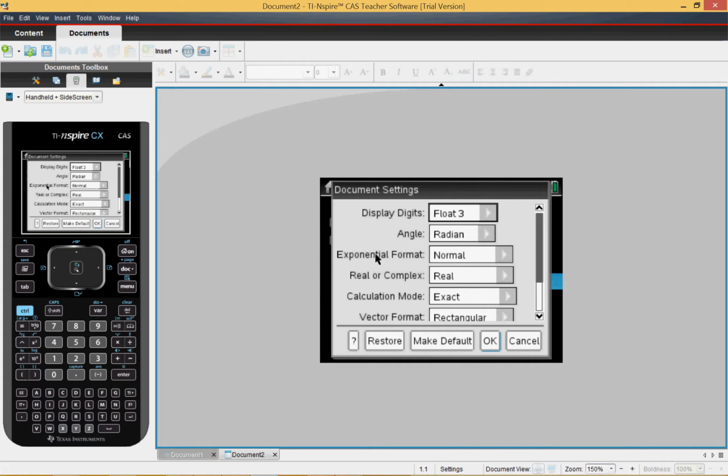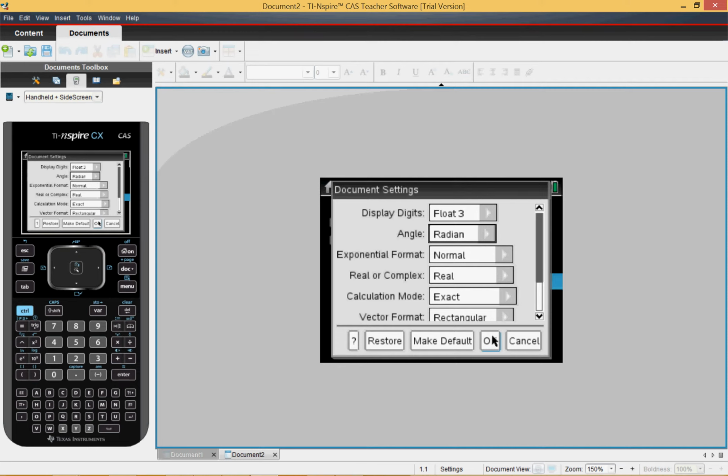Now, if I go to the CAS calculator, you can notice in the settings that the angle is set to radian. We're going to get into radians in Year 11 Methods, where it becomes a lot more applicable. You're generally going to have your calculator in radians mode, and rather than changing the settings, I want you to get used to keeping it in radians.